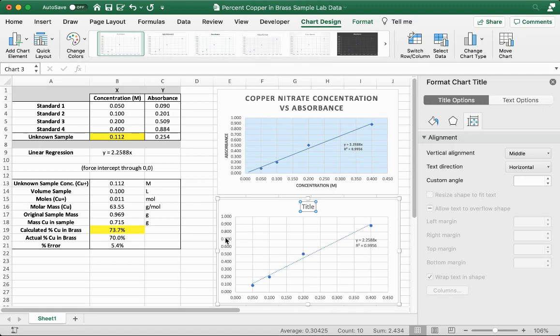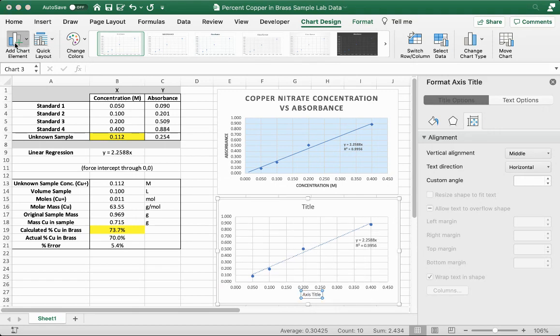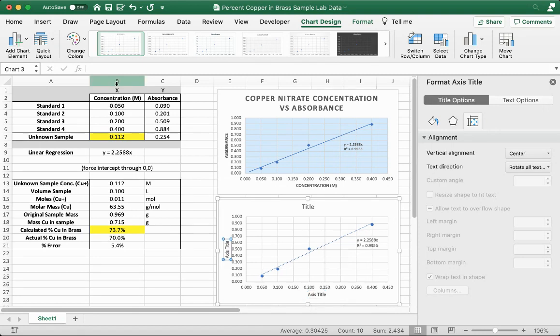Okay. You'll also want to make sure that you're adding your axis titles. This is found under chart design here, and you're going to go over to add element, and then you can do both your horizontal axis as well as your vertical axis.